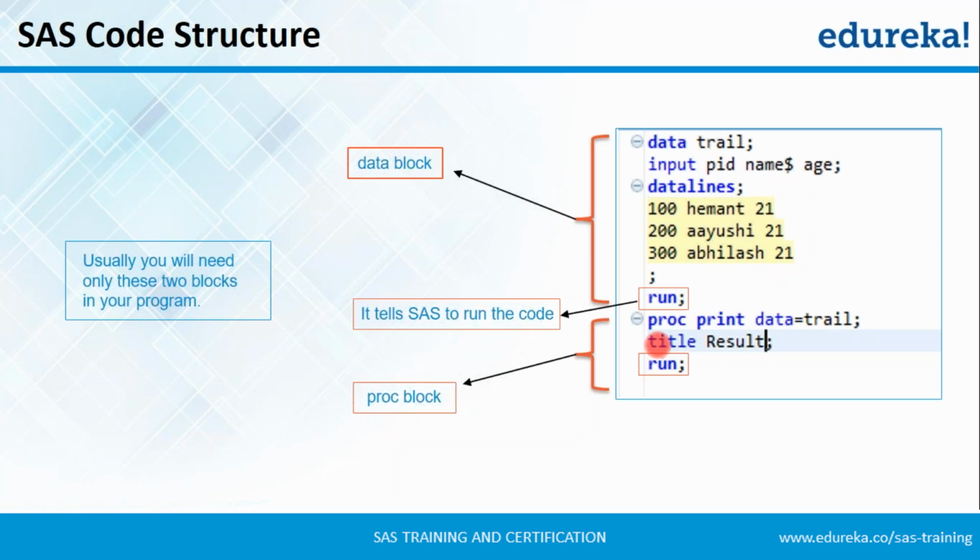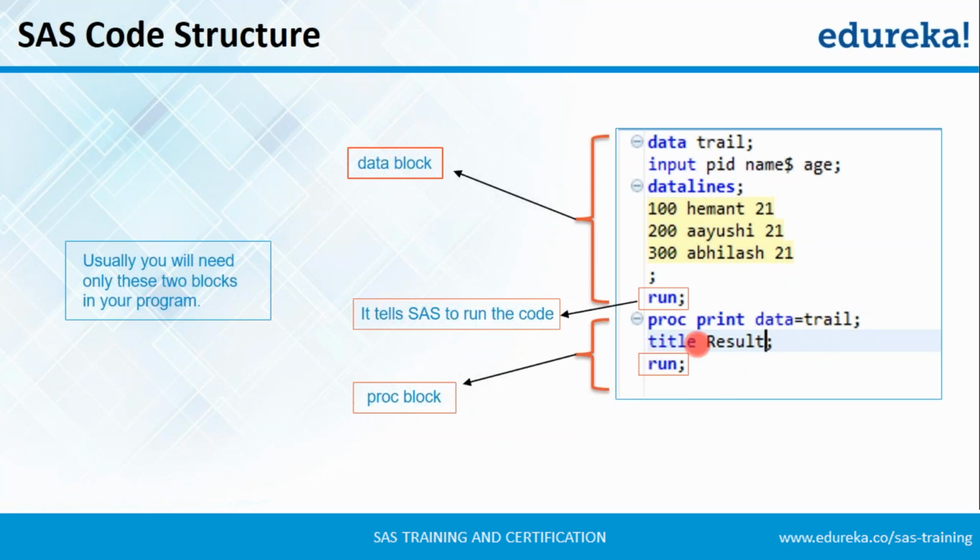And then you have the procedure block or the proc block, which will contain the output section of your code, right? So in this, we are basically printing the data set which we just created, which is called trail, right? So we said proc and then the print command, and then we say, okay, the data set is trail, right?